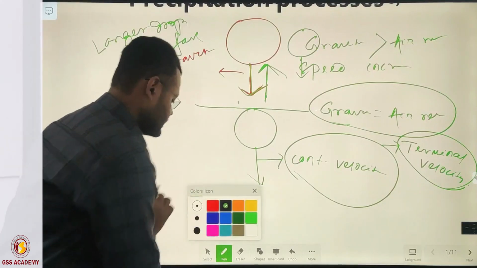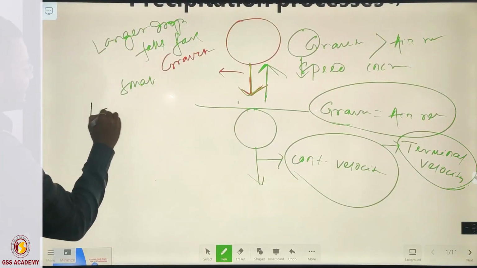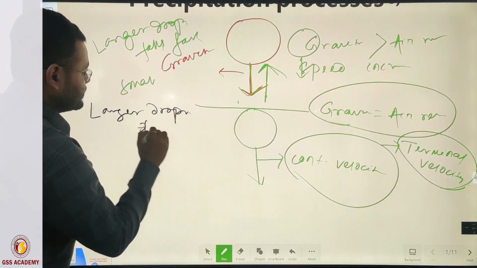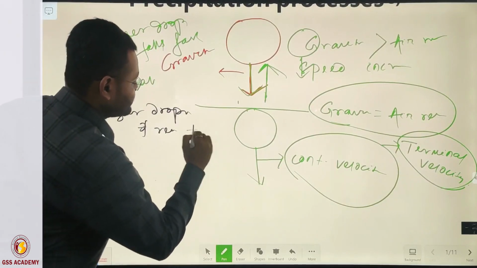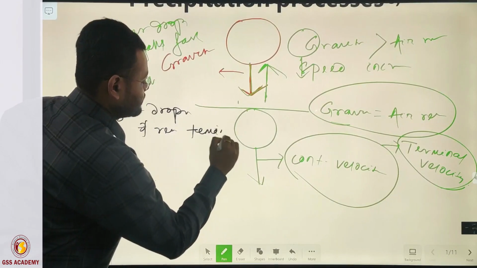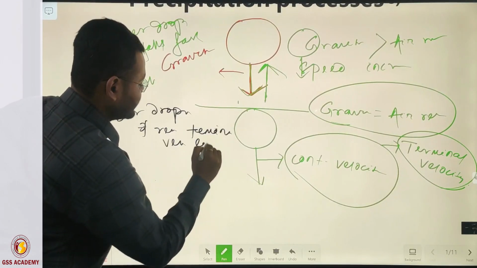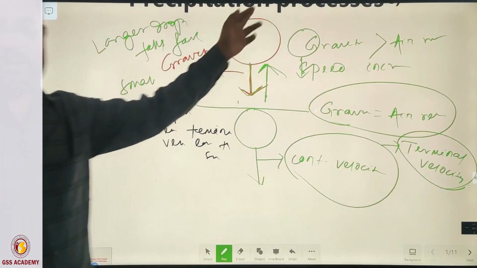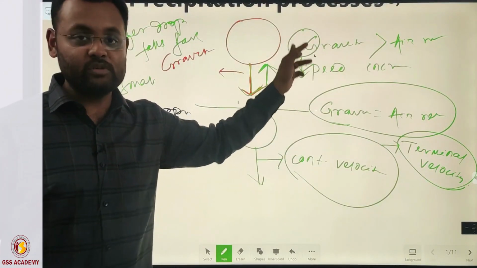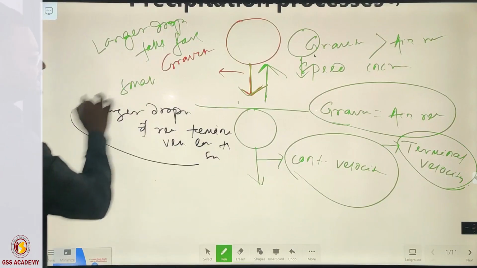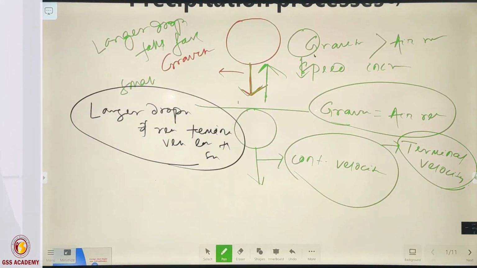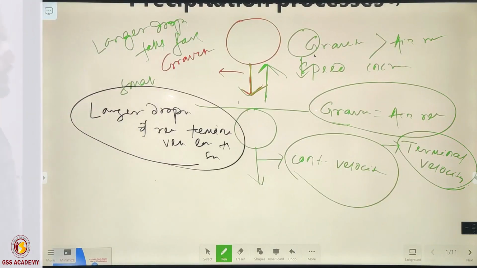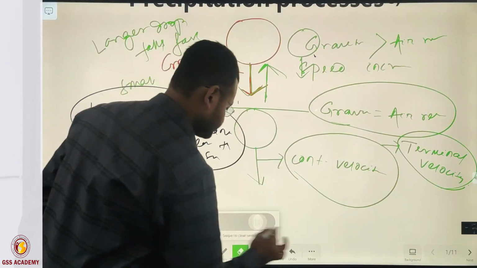Therefore, the larger droplet reaches terminal velocity earlier than the smaller droplet. As the larger droplet falls at a faster rate in comparison to the smaller droplet, it normally reaches its terminal velocity relatively earlier.